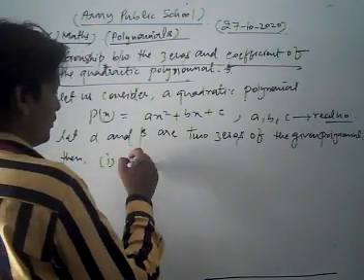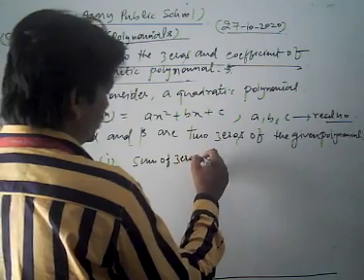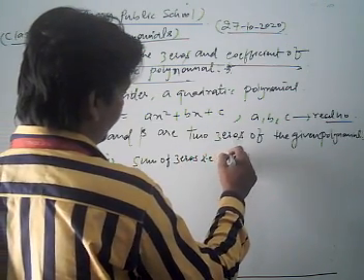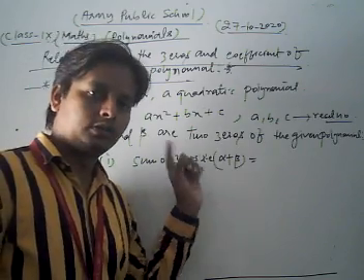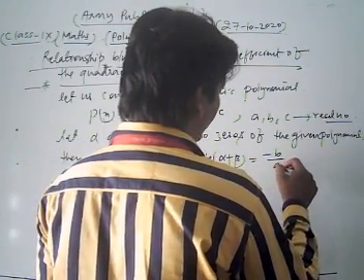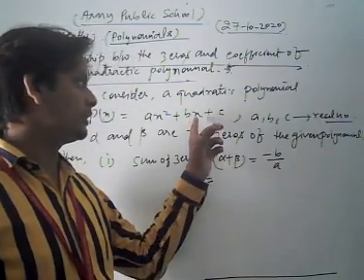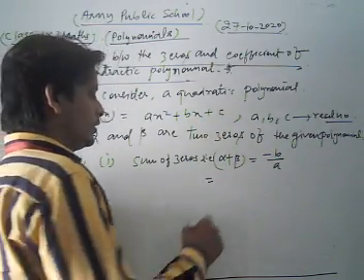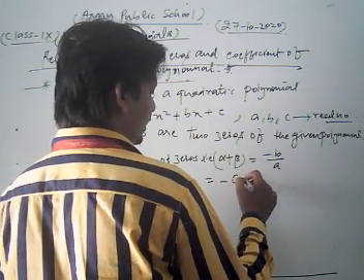First is the sum of zeros, that is alpha plus beta, which is equal to minus b upon a. Here b is the coefficient of x, so we write it in the formula as minus b upon a.